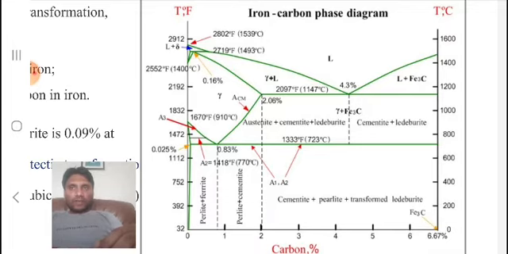And the A2 line is at 770 degrees centigrade. The A3 line is the line from 0.8% carbon passing towards 0 at 910 degrees centigrade. And this A3 line is very important in heat treatment.